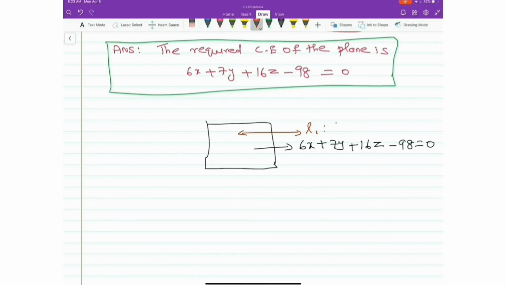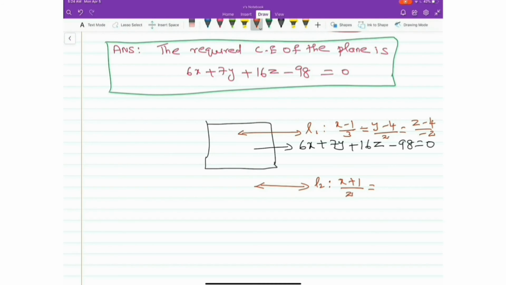(x minus 1) by 3, which is equal to (y minus 4) by 2, which is equal to (z minus 4) by minus 2. And this plane is parallel to the line L2, which is (x plus 1) by 2, and already we wrote it in standard form.